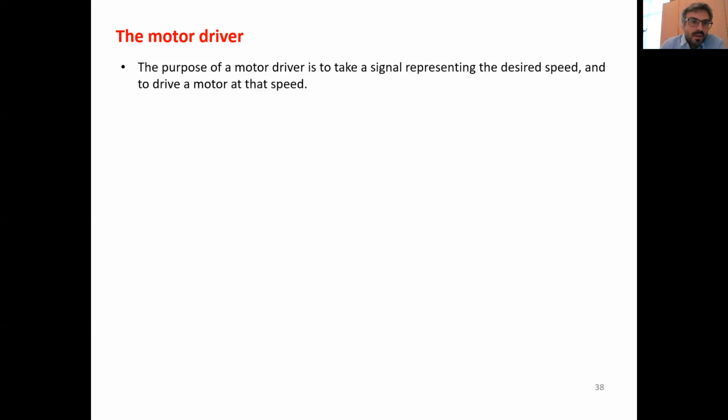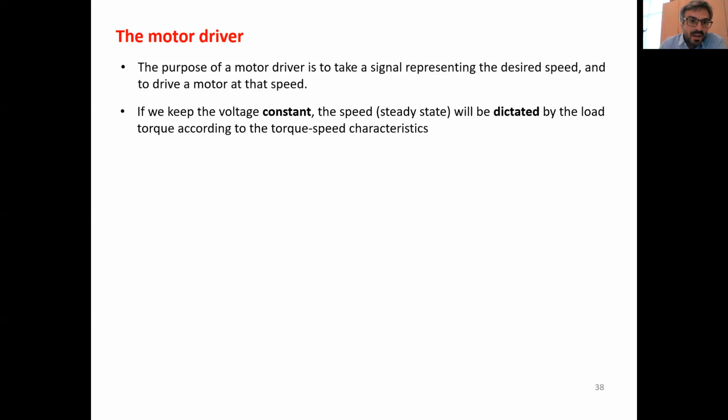And the purpose of a motor driver, because you remember our signal controller is a signal in a low power domain, and we want to drive the motor, is to adapt this low power signal to a desired high power signal.